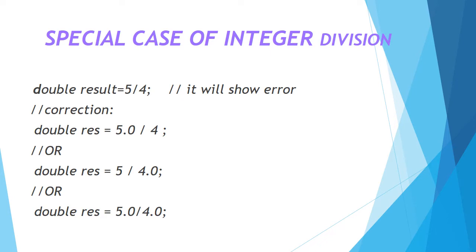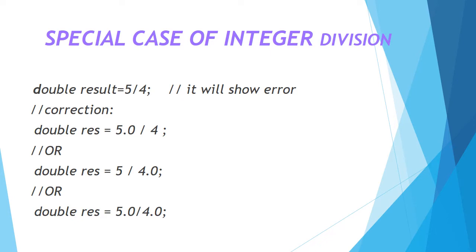So how can we write it? We can make any one of them decimal, either the dividend or the divisor. So we can write double res, in which we will store the output, 5.0 divided by 4, or we can write 5 divided by 4.0.